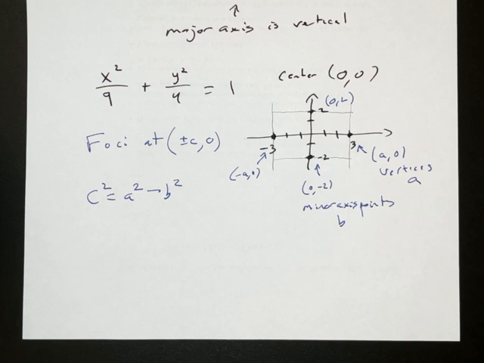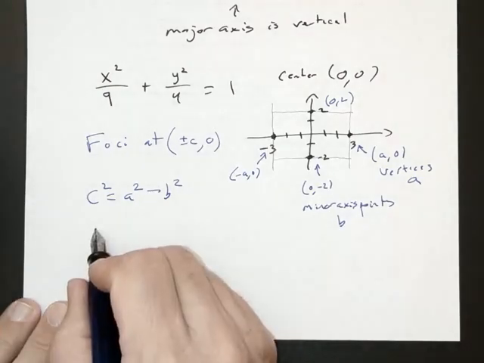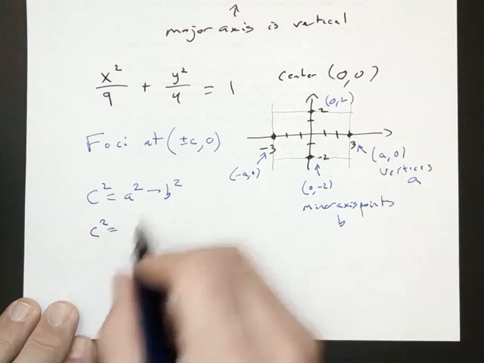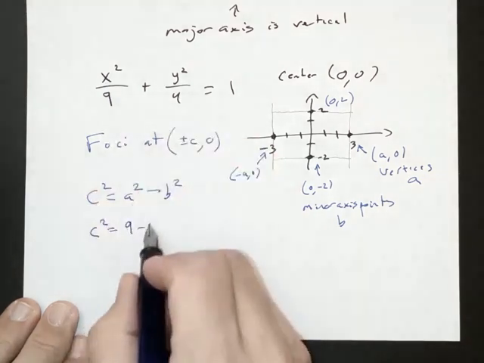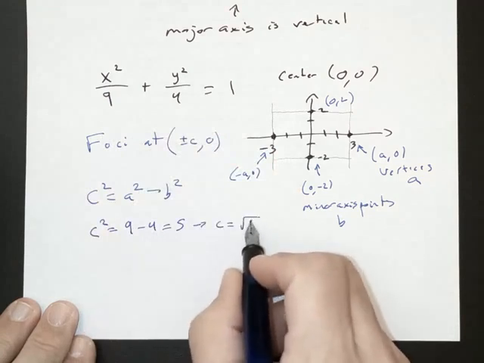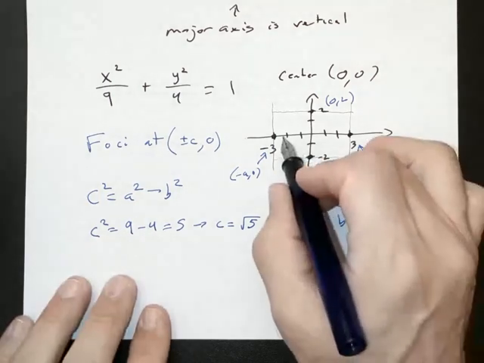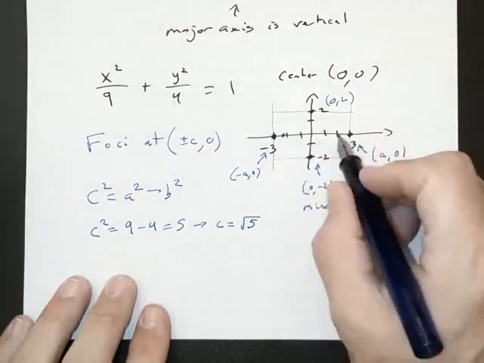What is the value of C in this problem? Yeah. We could square root of 3 squared minus 2 squared would be root 5. Now the square root of 5 is 2.24 something or other. Close enough to 2.25. So my foci are here.